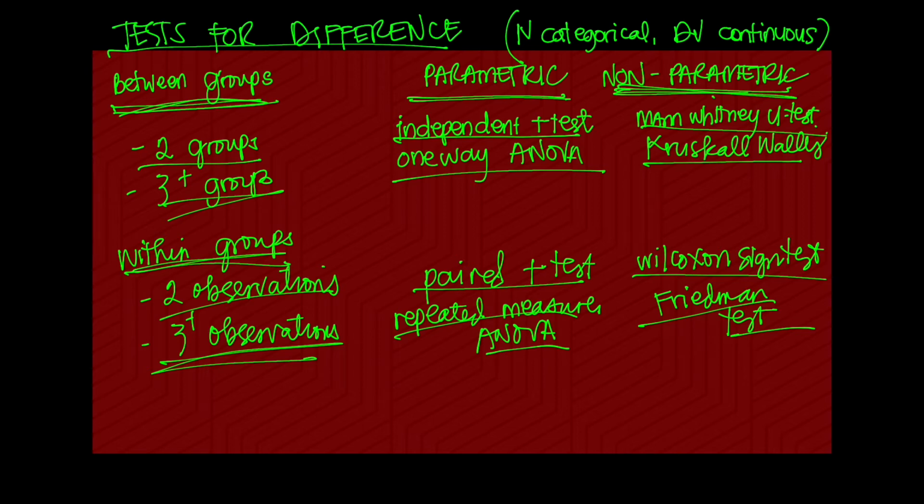An example of a two-way ANOVA would be, let's say, the independent variable is income, that's low, medium, high. And then your dependent variable is, let's say, life satisfaction.